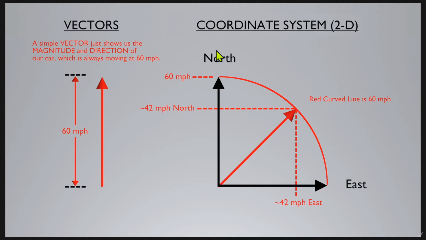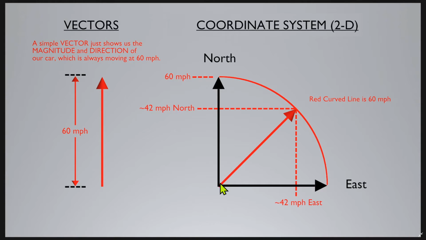And then the light could also be coming from the top down, and it's going to hit the vector, and that casts a shadow down here. Now, it so happens that if you do the mathematics, you find that if you're going 60 miles an hour northeast, you're going 42 miles an hour north, and you're going about 42 miles an hour east. And if you combine those two, you get 60 miles an hour.